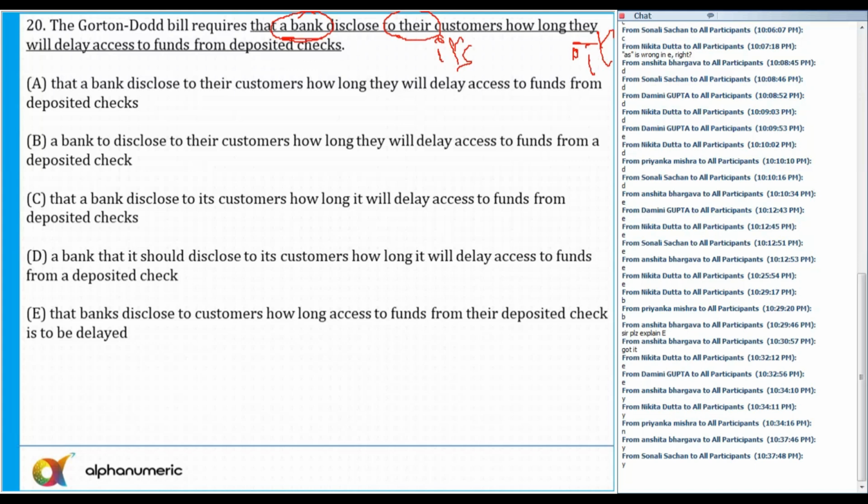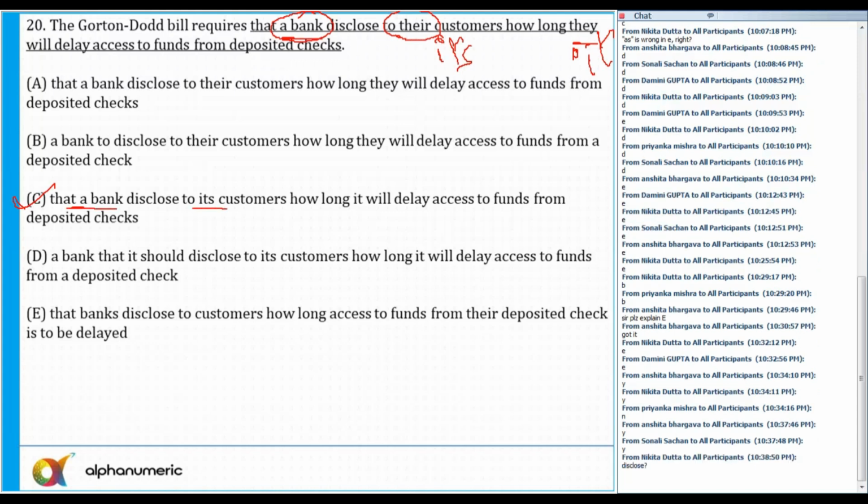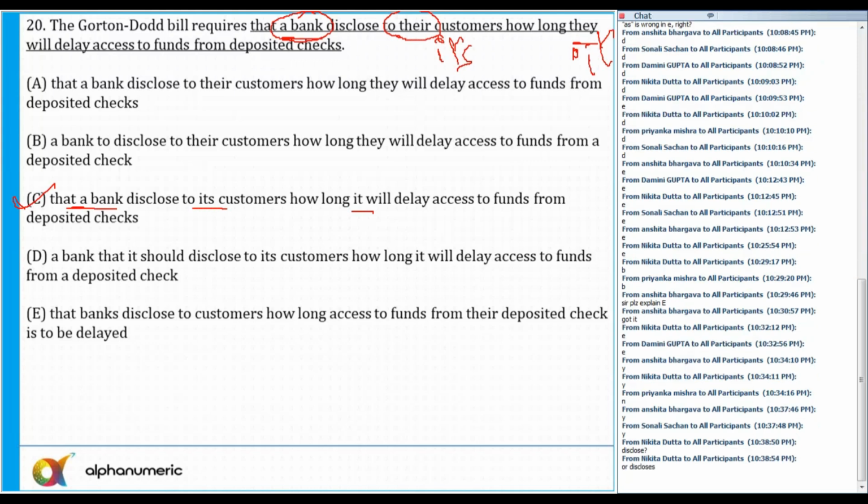Because it is a bank, that is why we cannot have there and they. This is wrong. So we'll have to check which one makes sense. The Gorton Dot Bill requires that a bank disclose to its customers how long it will delay access to funds from deposited checks.